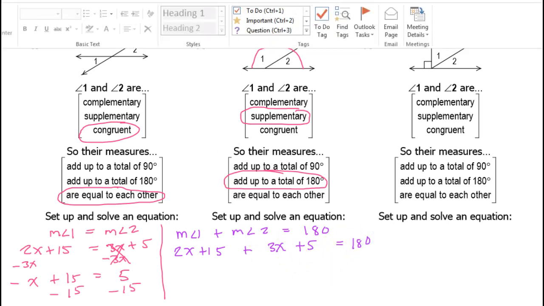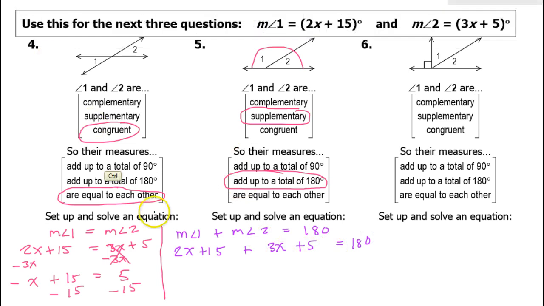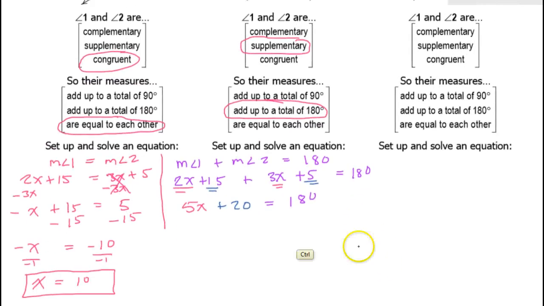It is time to combine like terms. We have the 2x and the 3x; together, that makes 5x. And then we have the 15 and the 5; together, that makes 20. And that equals 180. We just combined like terms.